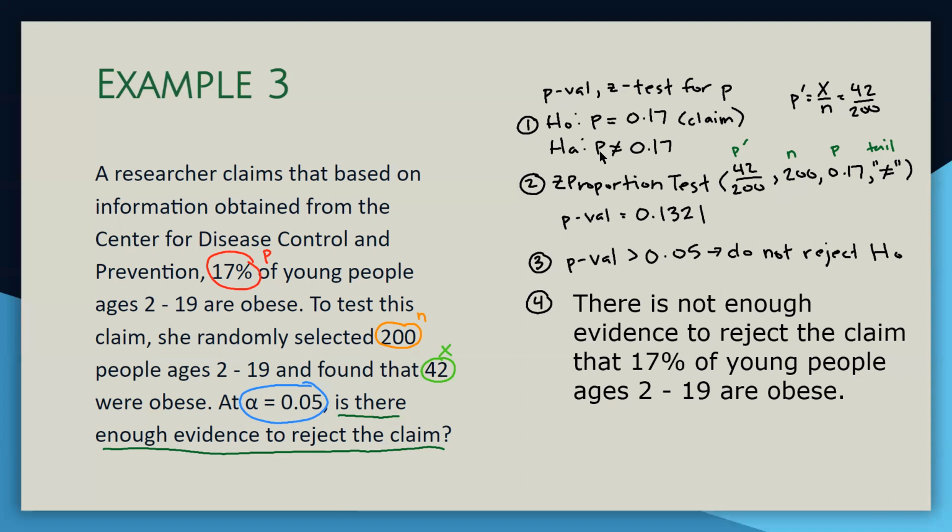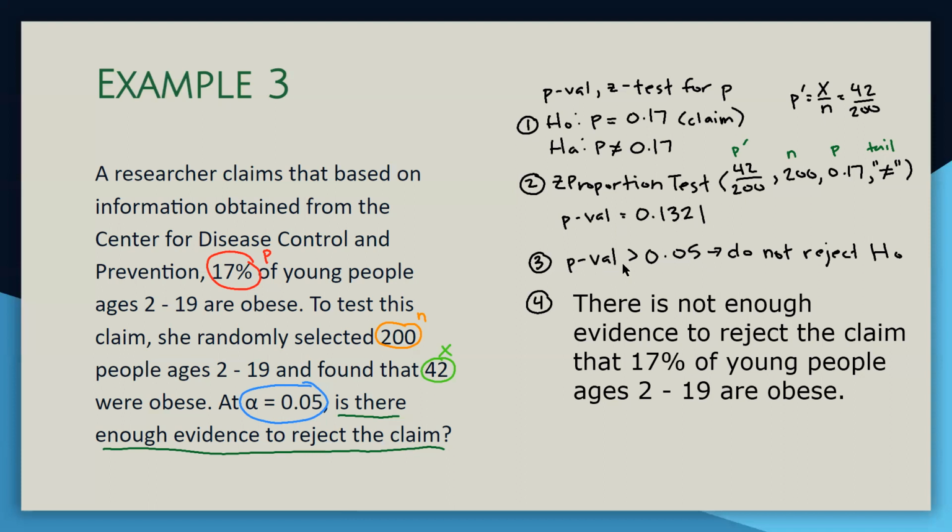In this case, the claim is that the proportion is equal to 17%. So our alternative should be opposite of equals, which is not equals. That is important. We are running a two-tailed test. When I ran that function call in GeoGebra, I got a p-value of 0.1321, which is greater than our alpha of 0.05.